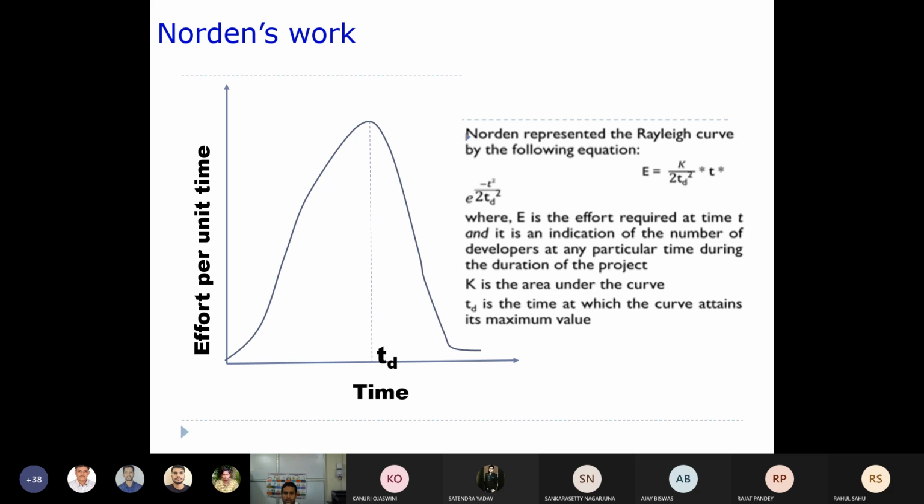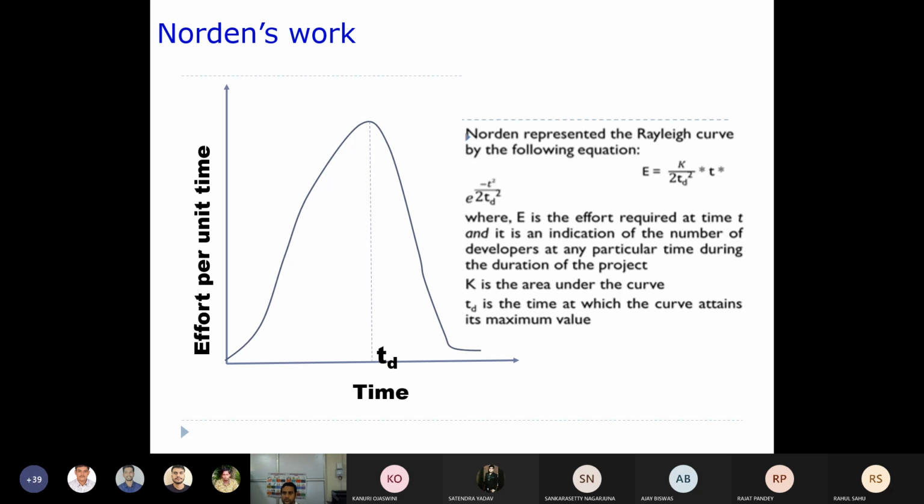Initially, you will have very few developers at any point of time, and slowly, at some point you will see more developers employed, and thereafter the number of developers gradually decreases over time.